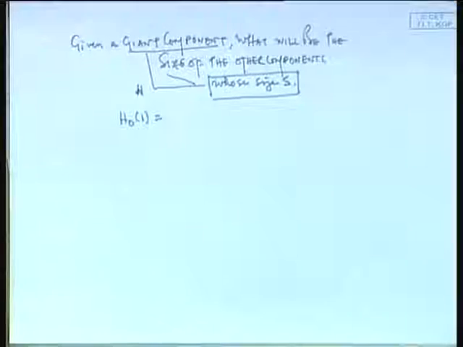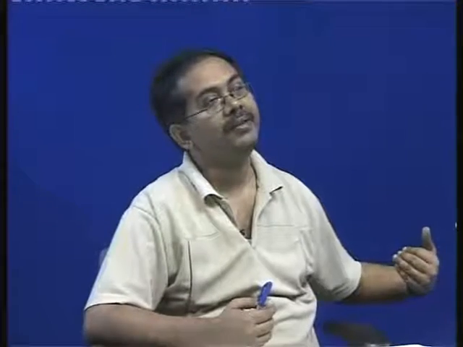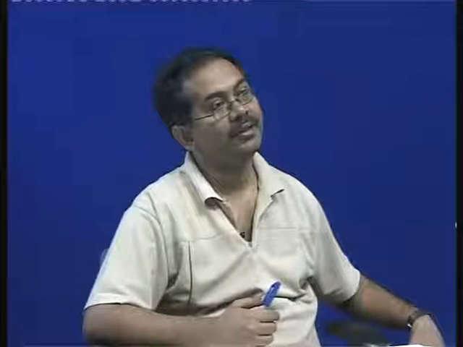No, average giant component size is S. Then what will be H 0 1? H 0 1 can no longer be unity, because H 0 1 is seeing the components of size 1, size 2, size 3, and I am excluding the giant component from that calculation.